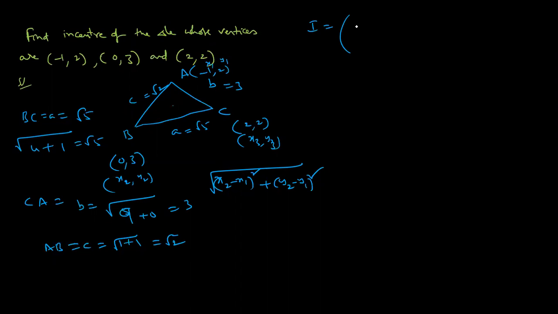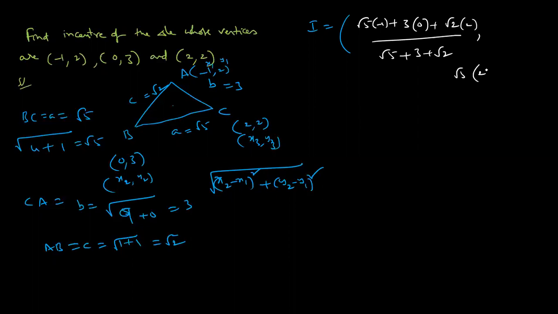Simplify. Hurry up. A x1 means √5 into minus 1. So B is how much? 3 into y1 plus √2 into 2 by √5 plus 3 plus √2. That is the answer. √5 into x2 and 2 √5 y1 plus 9. 3 into 3 plus 2 √2, like by √2 into 2.